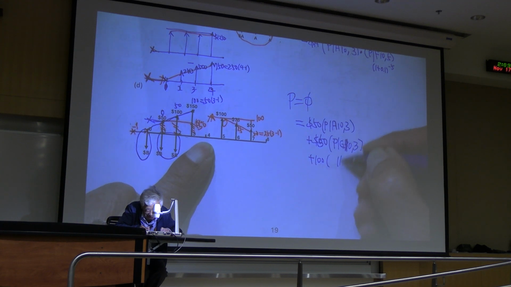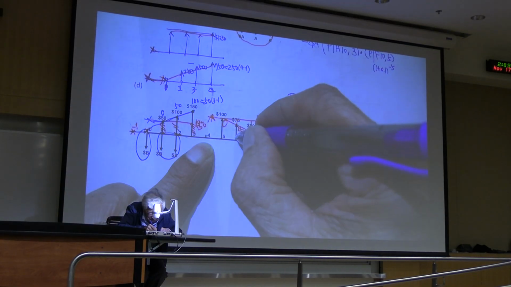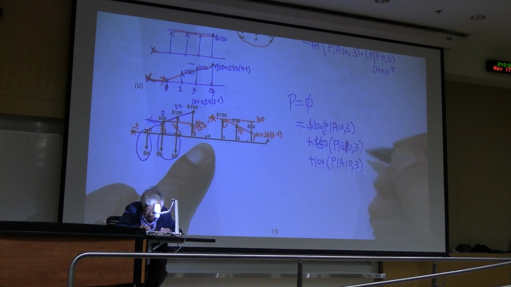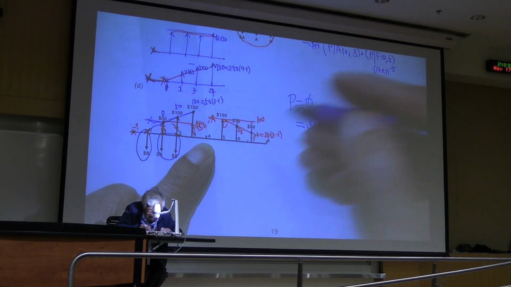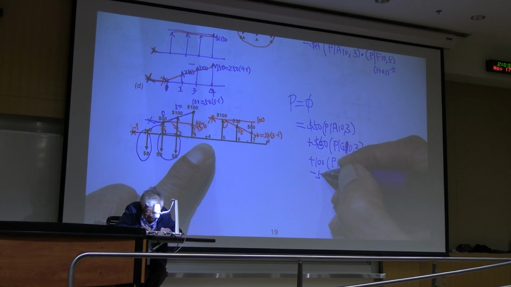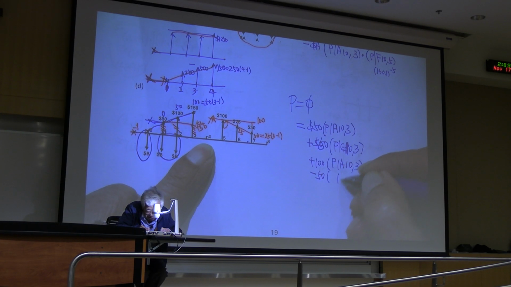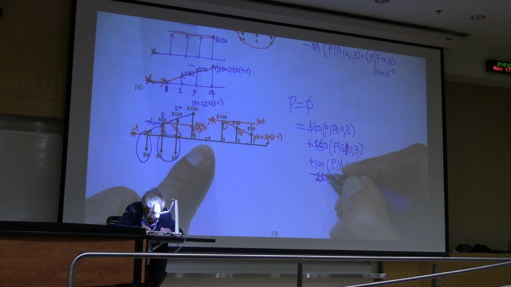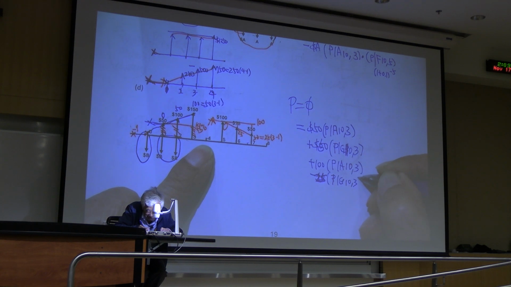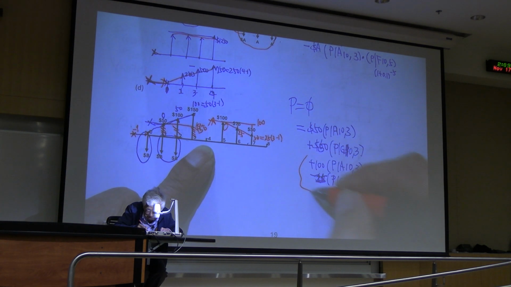How about here? 100 given A to find P, 10, 0, 1, 2, 3. Minus 50 given G, not 50, 25, sorry, 25 given G to find P, 10, 3. No, not done yet.